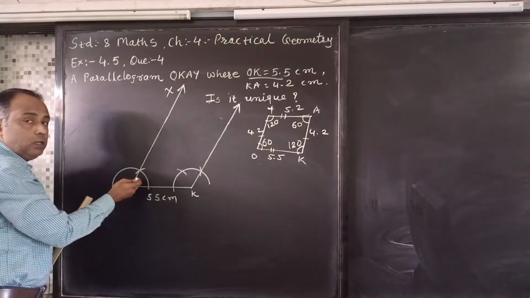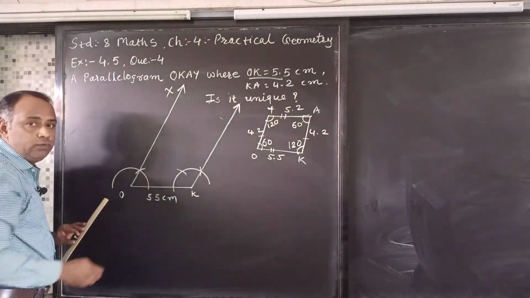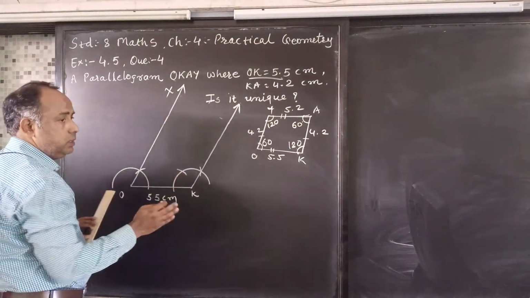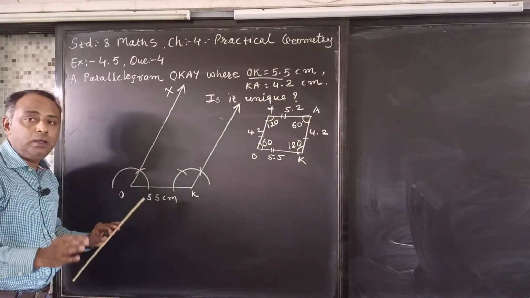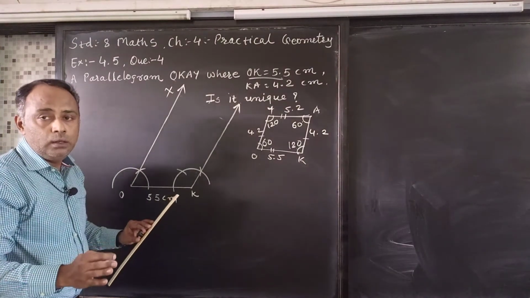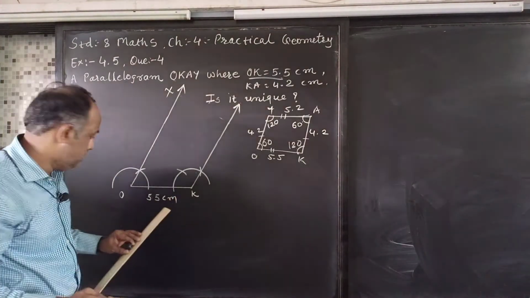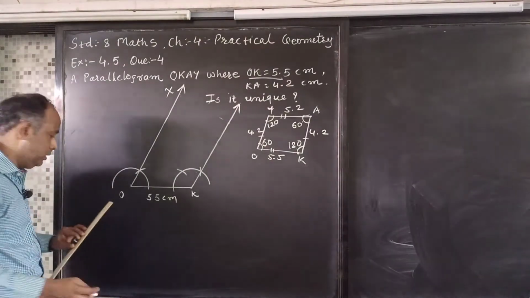So this is an angle of 60 and this is of 120. 60 and 120 both make 180 degree. They sum to 180 degree.